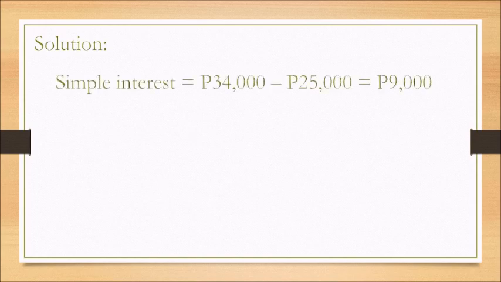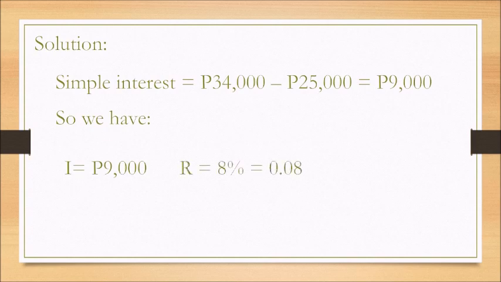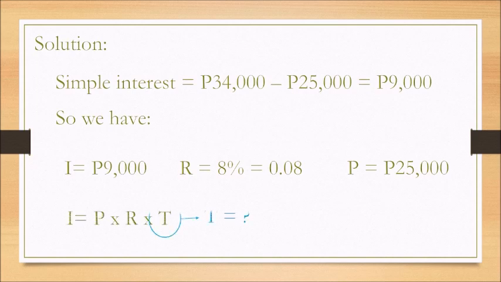Simple interest is equal to 34,000 minus 25,000, which is 9,000. So the interest is 9,000, and R is 8%, so it's 0.08. And principal is 25,000. So we are looking for T, the time.